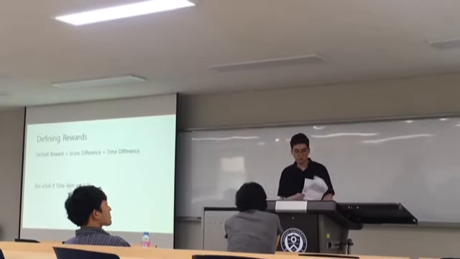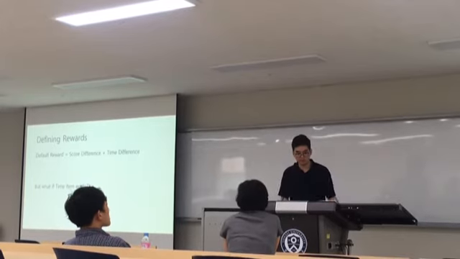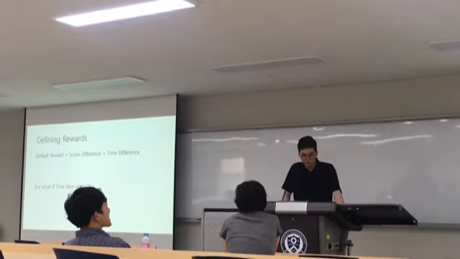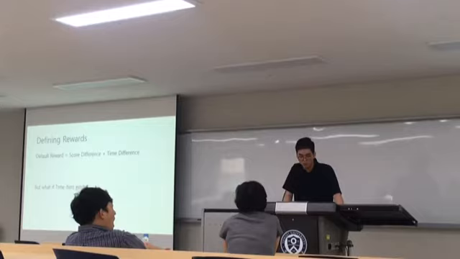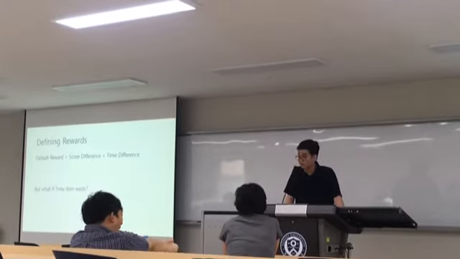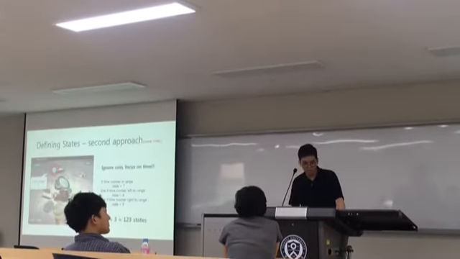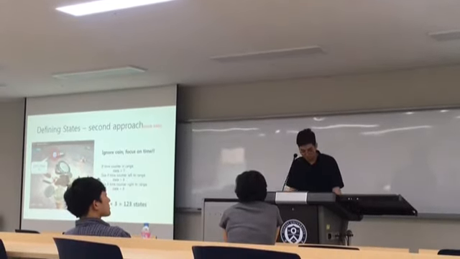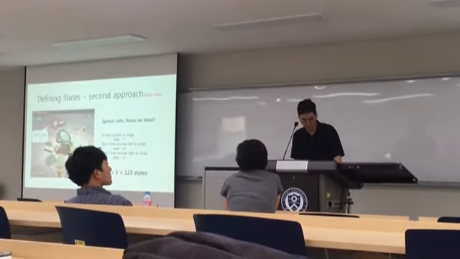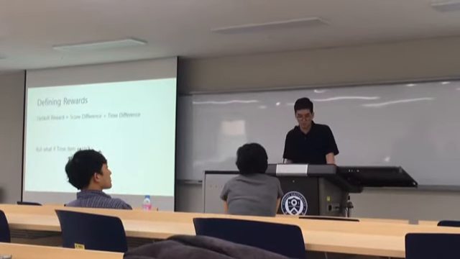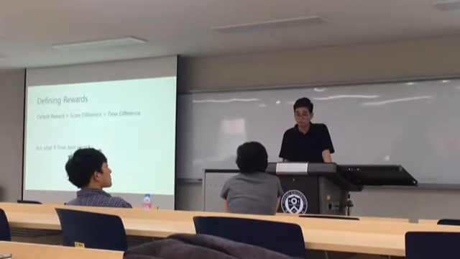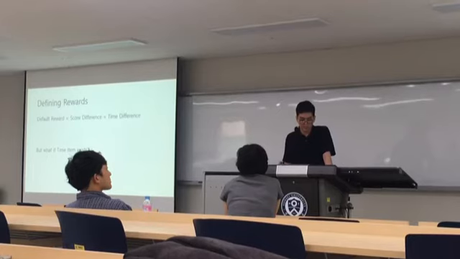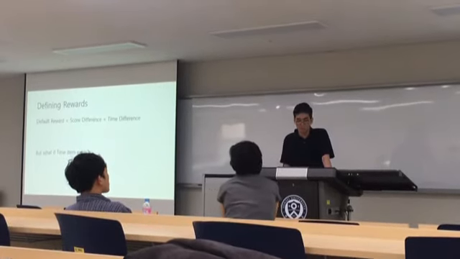The default reward that the TA gave was the difference of score plus the difference of time. This is quite straightforward, but what if a time item exists? If a time item exists, the state is only 7, 8, or 9. So if the score difference is counted as a reward, the basket will be confused because the basket's only objective is to get the time item at the moment.